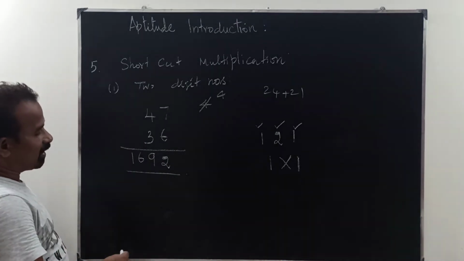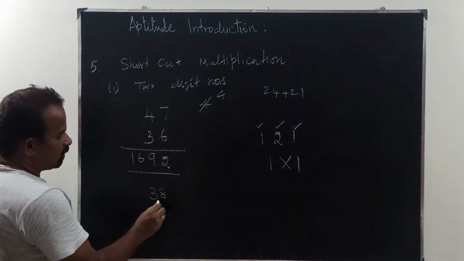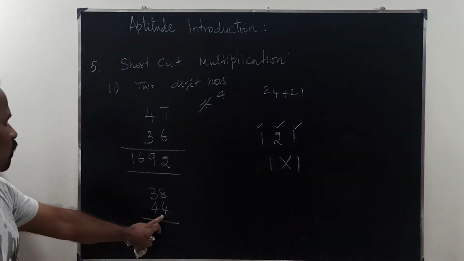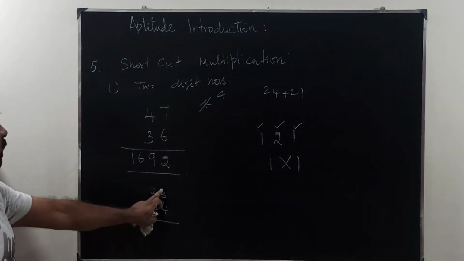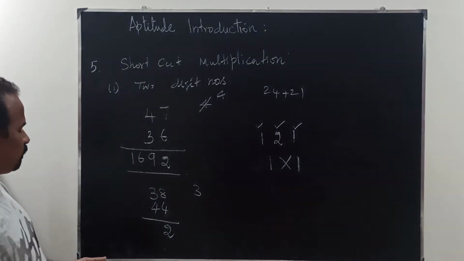I can take another one also. Suppose let us take 38 and 44 or something like that. 4 into 8, 32. Remaining 3.